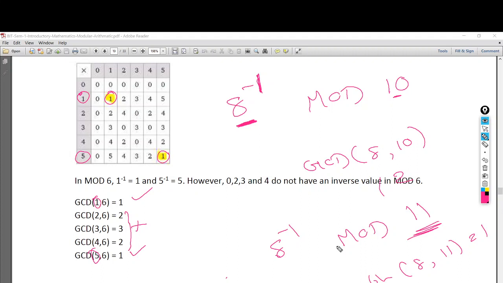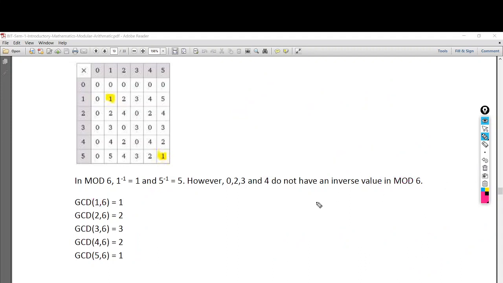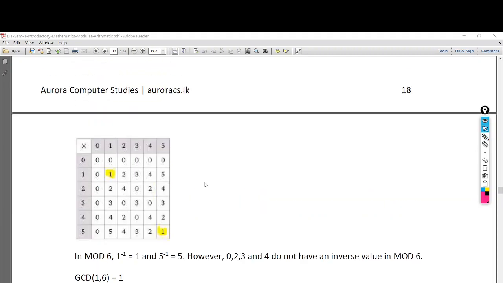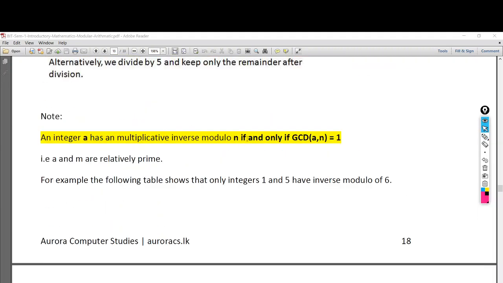If there is no inverse, you don't have to spend time finding one, you can just say there is no inverse. That is handy. Otherwise, you will spend a lot of time and only then find that there is no inverse. So first, identify using this particular rule whether there is a multiplicative inverse or not.